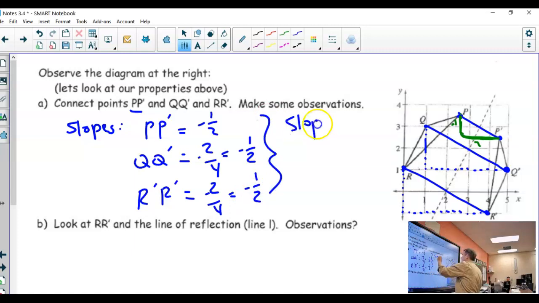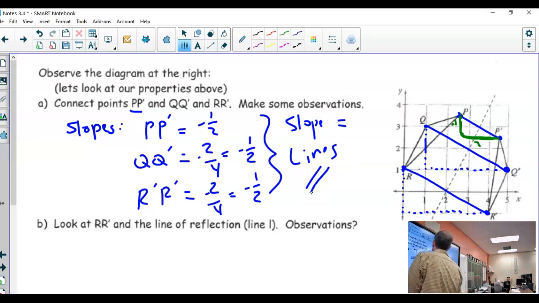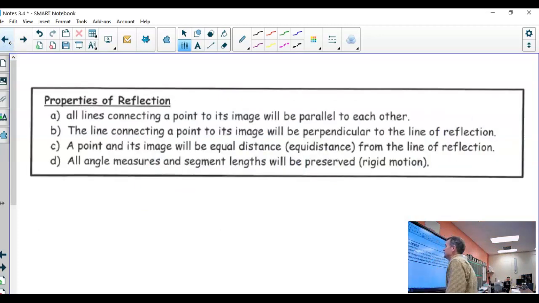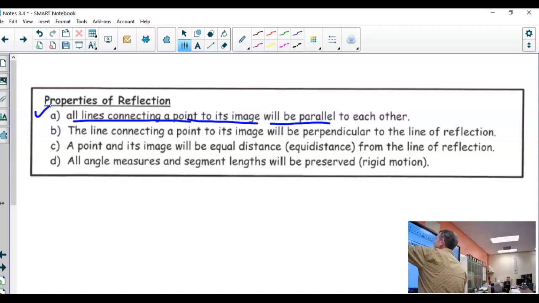And so because the slopes are equal, I know that means the lines are parallel. And what I have done there is I have verified that all lines connecting a point to its image will be parallel. Check.